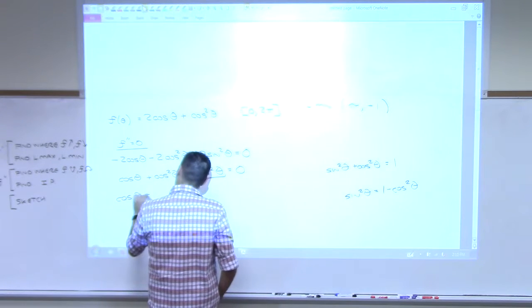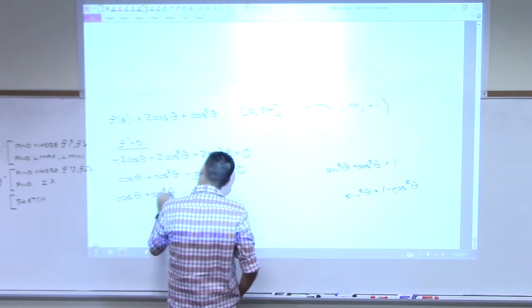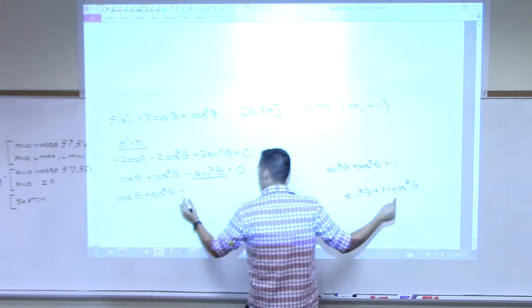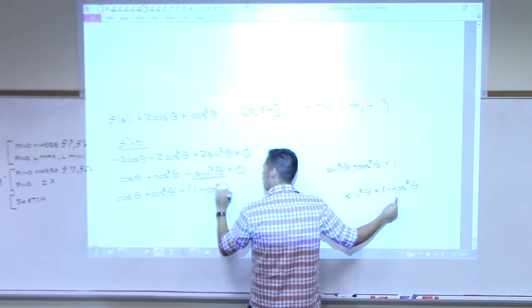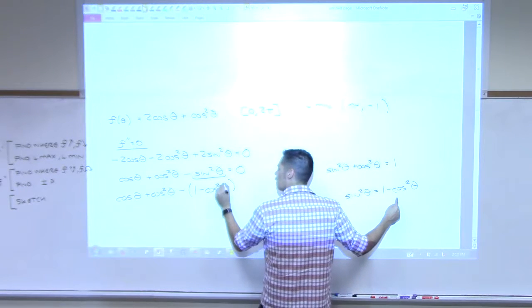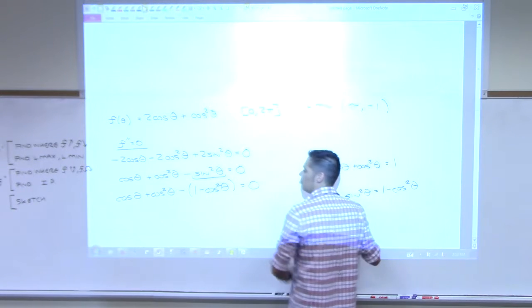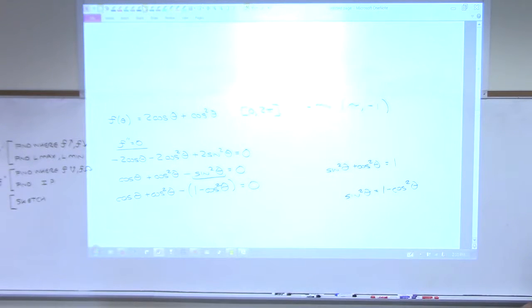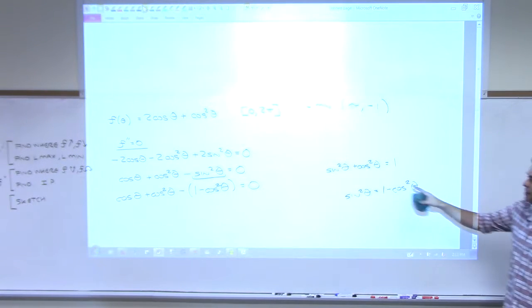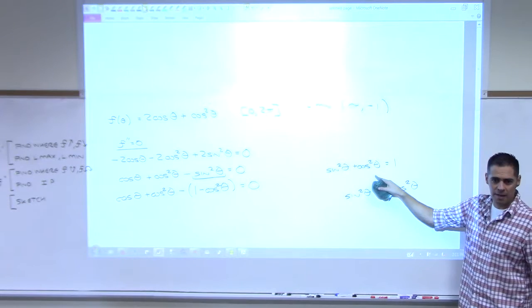Cosine theta plus cosine squared theta minus what? 1 minus cosine squared theta, and then equals 0. Do y'all see that? This is the big identity from pre-cal. This is one of the big daddies right here.